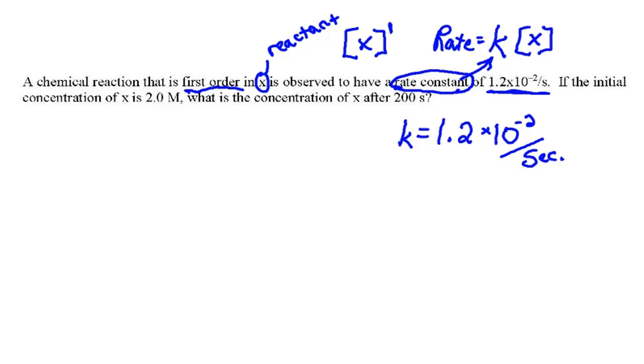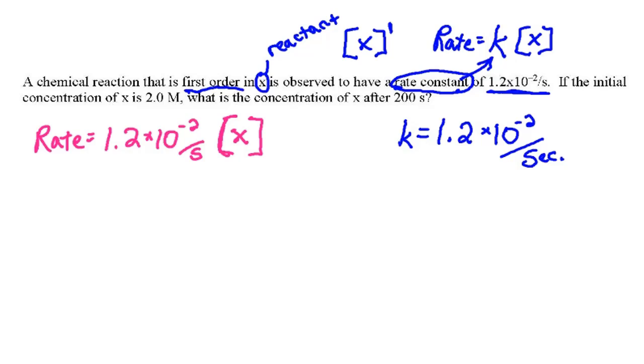If we write this entire rate law out, we would be writing rate equals 1.2 times 10 to the negative 2 per second times the concentration of X.